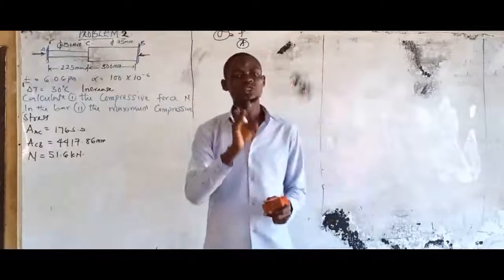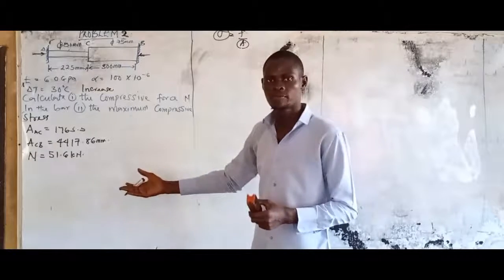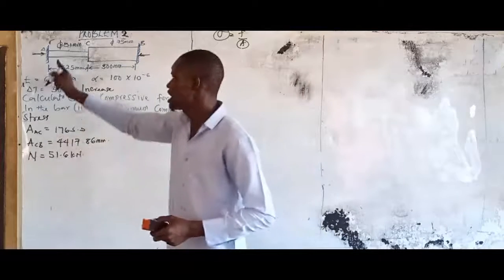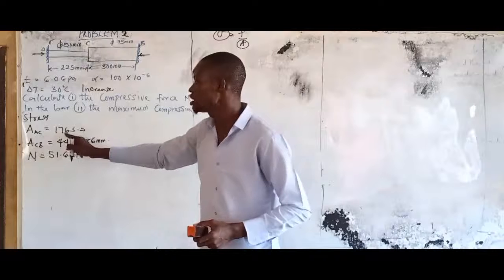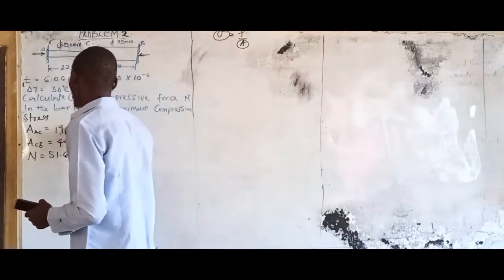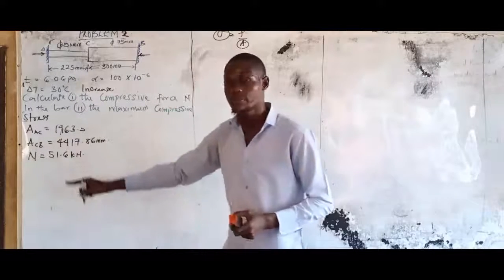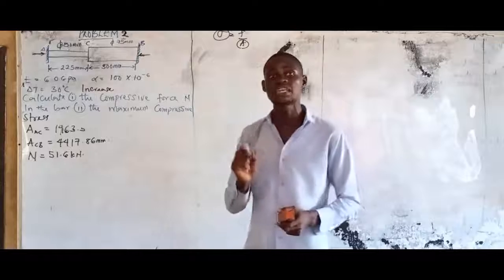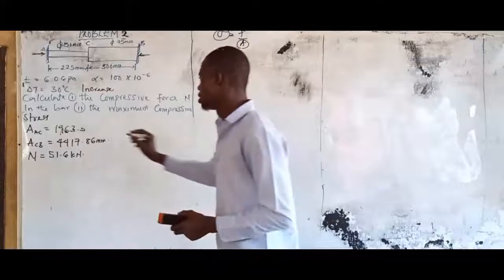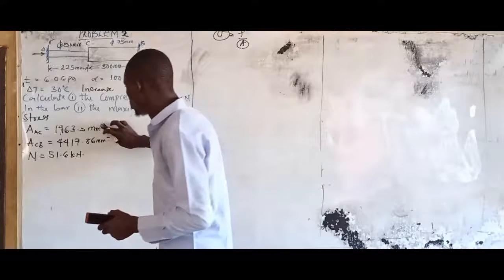Which one of them will be subjected to the maximum compressive stress? It depends on their area. The area of AC is 1,963.5 mm squared, while the area of CB is 4,417.86 mm squared.